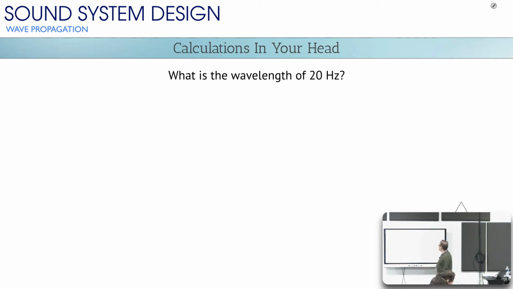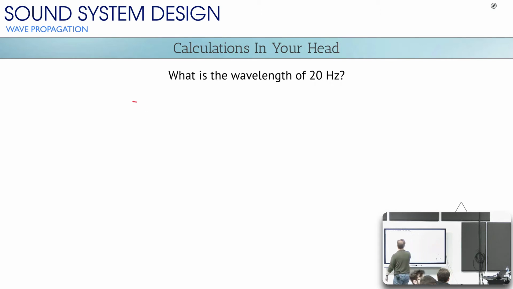All right, so here's an example. We're going to do this in our head, so no calculators. What is the wavelength of 20 hertz? Well, if I want to know wavelength, I do speed of sound divided by frequency.